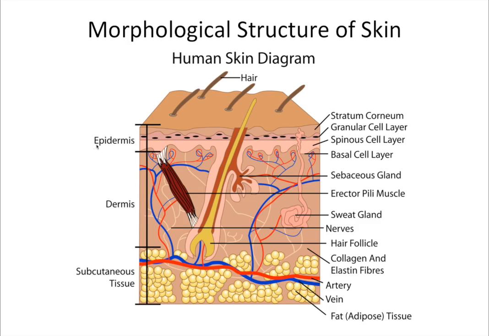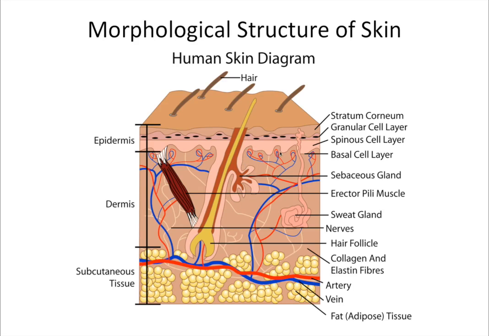This is the same illustration that you had in the last chapter, showing you the different sections of the skin. Here you can see the epidermis is up at the top, with the stratum corneum being the outermost layer, and then we have the dermis directly below that. Again, the boundary between the dermis and the epidermis is known as the dermal-epidermal junction.